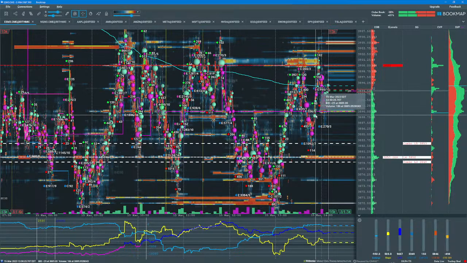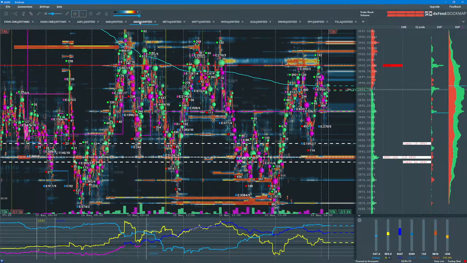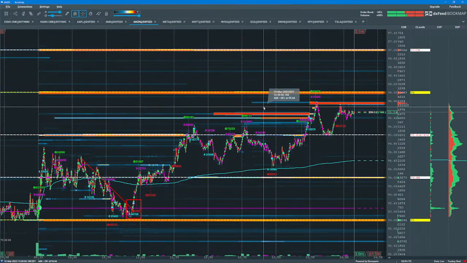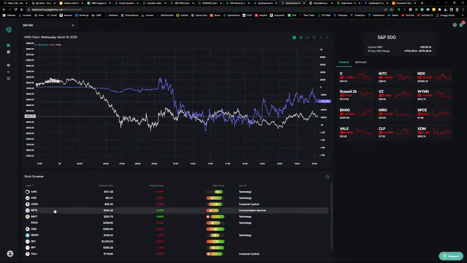All right, so let's take a look at some other setups. Again, I was focused on tech stocks today, so let's take a look at the first one. Let's take a look at Amazon, and let's go take a look at Hero now for Amazon.